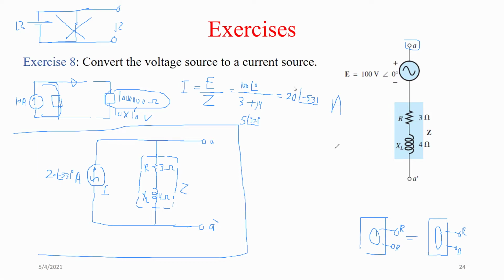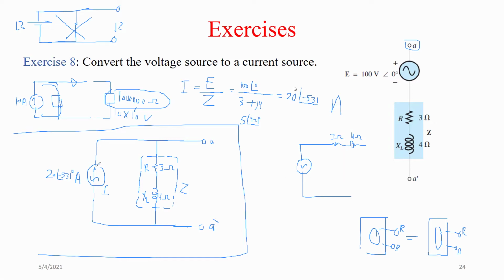What you're going to do is put the voltage source, and now the voltage source has a series impedance, not parallel, which is equal to this. So it's 3 and 4 ohm, 3 ohm.